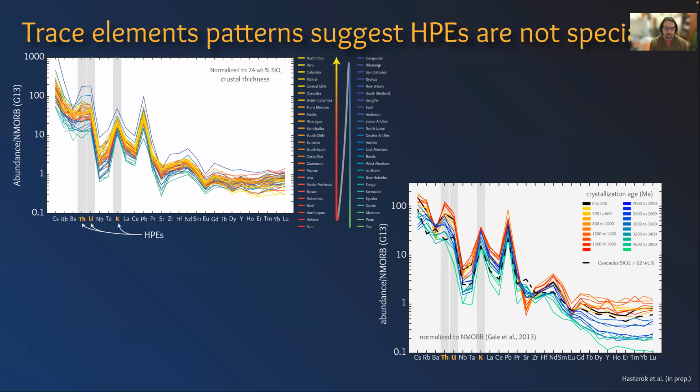I want to point out that there's really nothing special about heat producing elements. Some of the earlier papers in the past have treated heat producing elements as if they're this special thing and as if they're different and behave differently than all other trace elements. But it turns out that if we look at trace elements here, these are trace element compatibility diagrams.